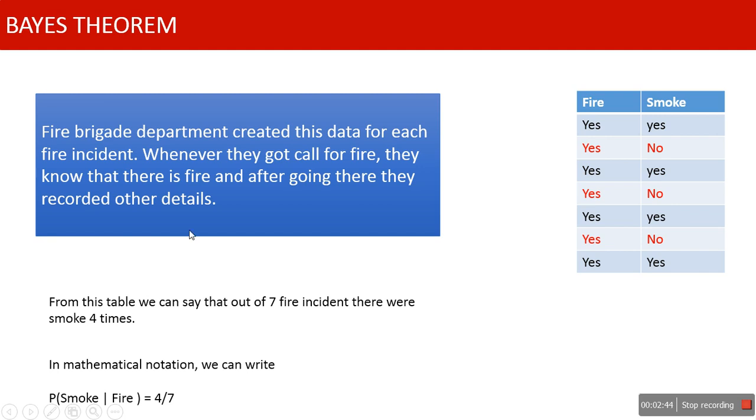So whenever we have data for a class, like a class attribute which shows which class a particular record belongs to, and the corresponding data attribute, from that table we can compute the probability of observing particular data for a particular class.